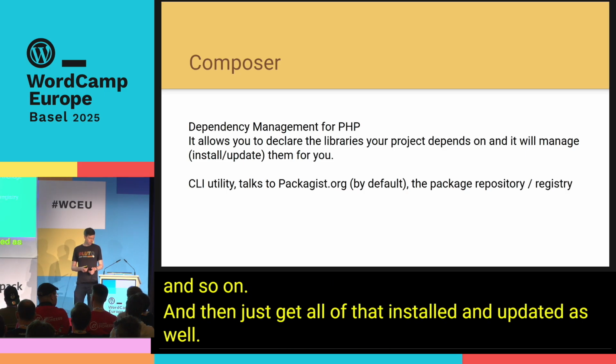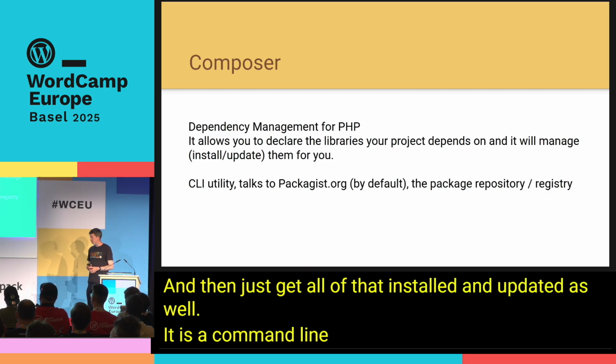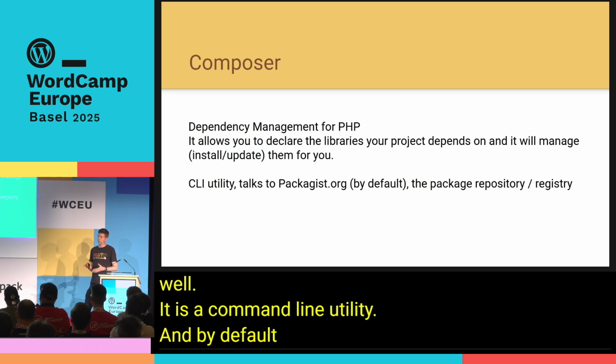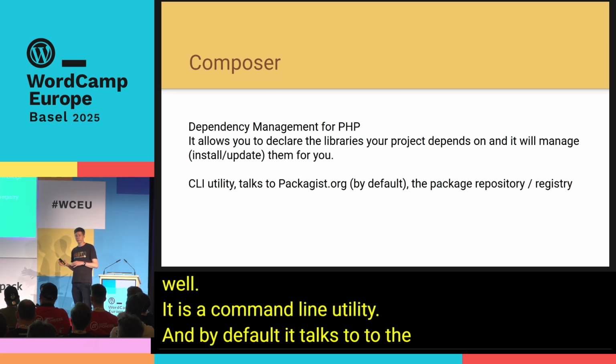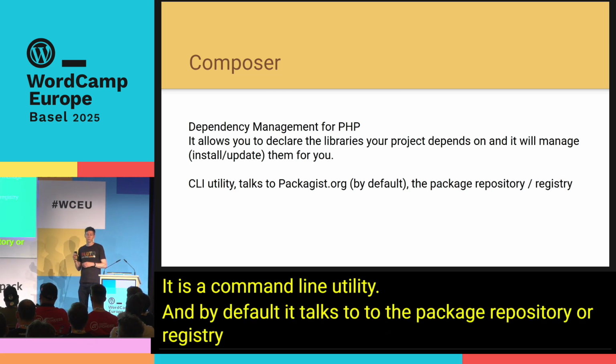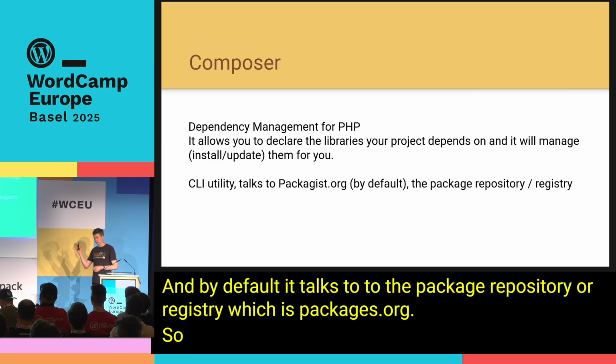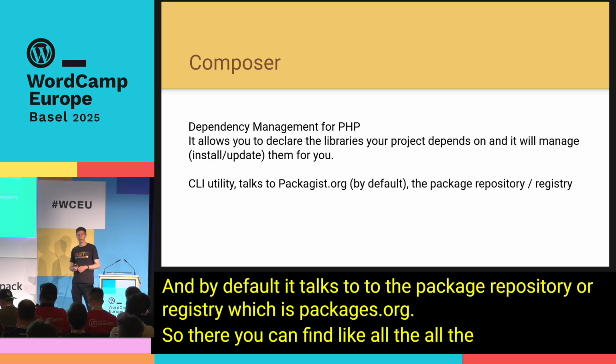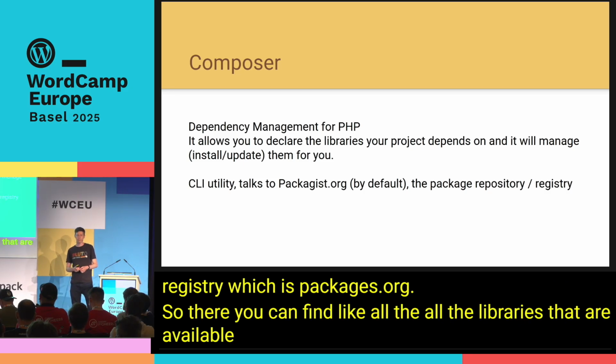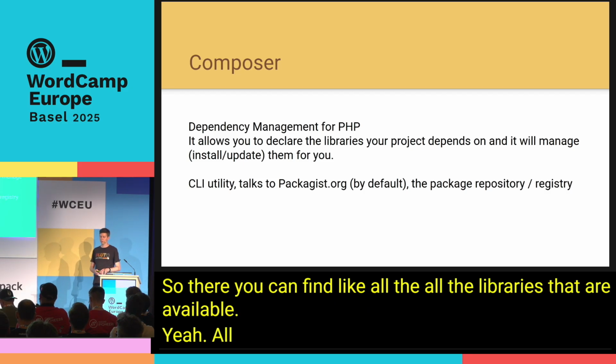It is a command line utility. By default, it talks to the package repository or registry, which is packagist.org. There you can find all the libraries that are available, all the things you can use as dependencies.